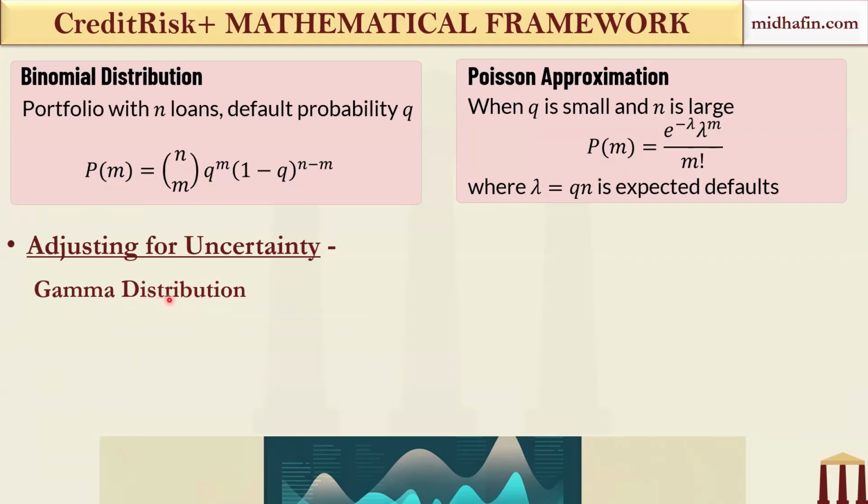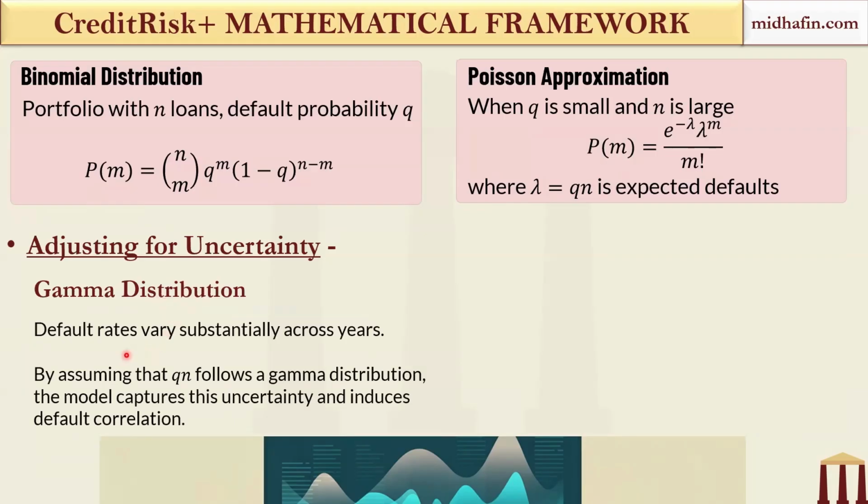This gamma layer allows the model to reflect changing conditions and uncertainties. And because of this uncertainty, a default correlation is induced across borrowers.